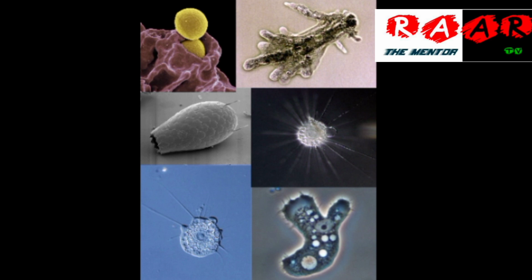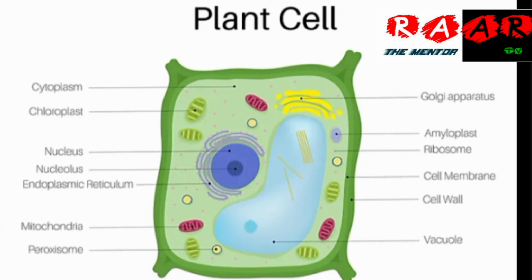Now let us talk about rectangular shaped or cubical cells. The cells of the leaves are cubical or rectangular. In fact, plants also have a variety of cell shapes, from cubical to polygonal as well as elongated and tubular.